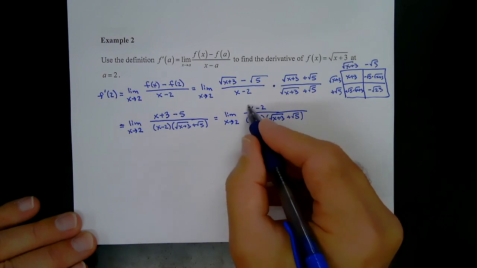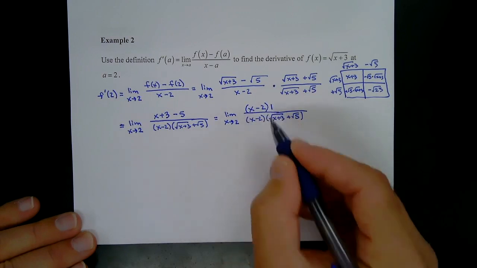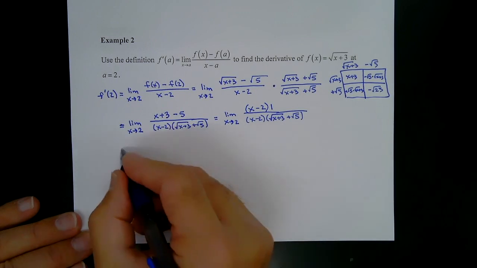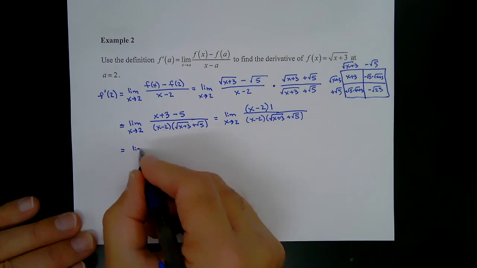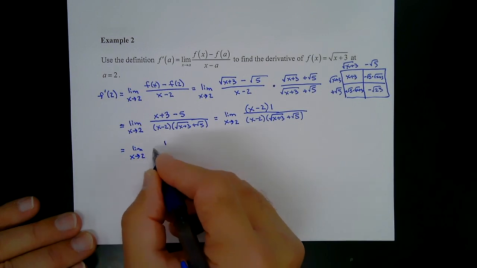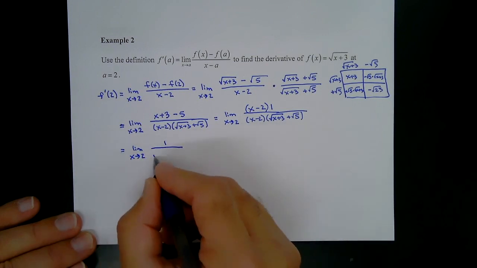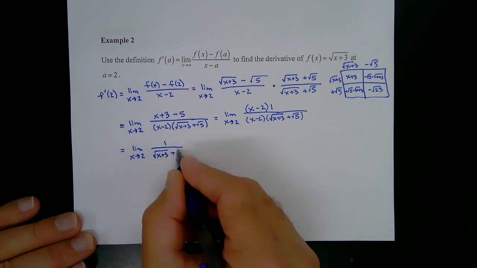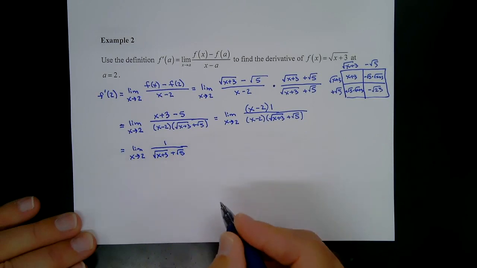And you can think of this as being multiplied by 1, and then these cancel, and you're going to be left with a 1 on top. Okay, so this is equal to the limit as x approaches 2 of 1 over the square root of x plus 3 plus the square root of 5.